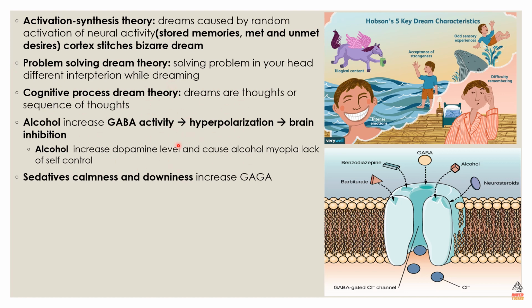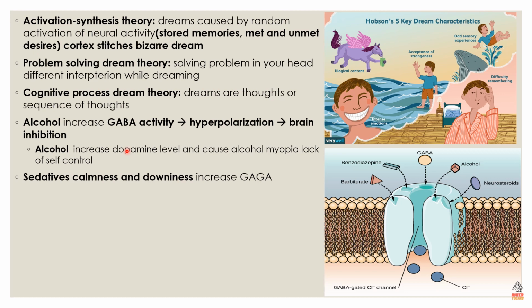Dreams are thoughts or sequences of thoughts. Next, we come to GABA activity. Alcohol increases GABA activity. GABA is basically a neurotransmitter that helps with calmness and decreases anxiety.